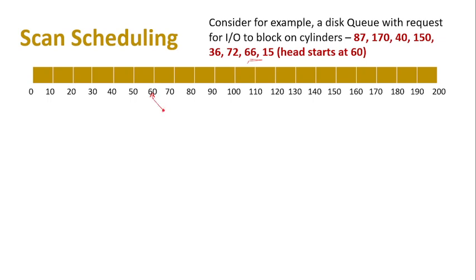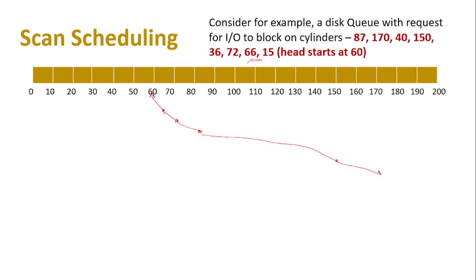Then from 66 the nearest value is 72. Then from 72 the nearest value is 87. And towards that the next value is 150, in the same direction. Then from 150 the next value is 170.